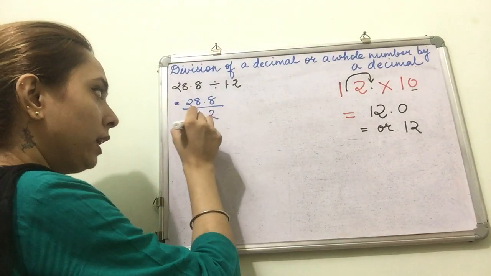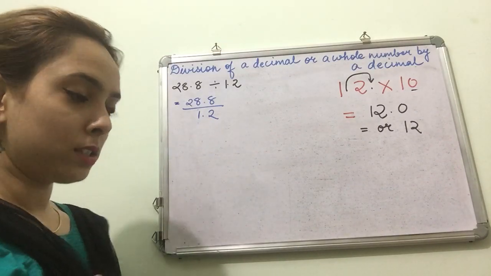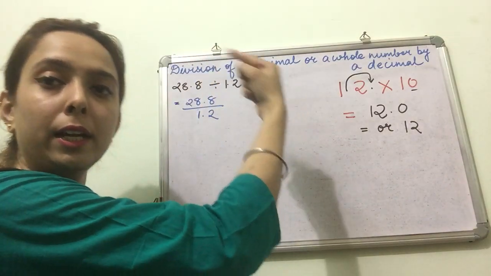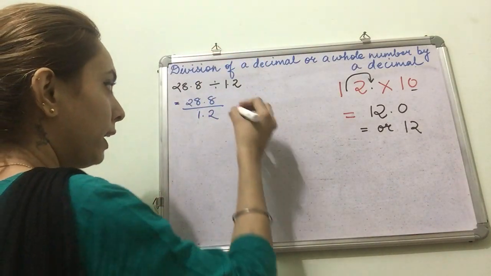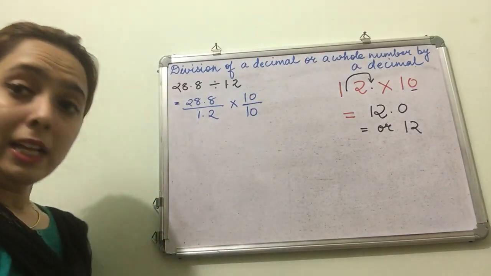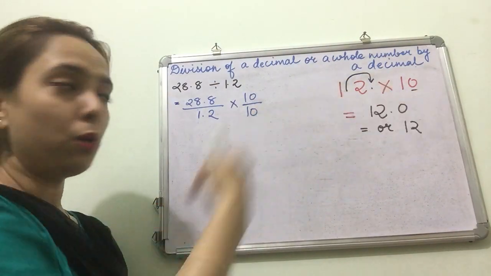Depending upon the divisor, here we have only one decimal place, so we will multiply numerator and denominator by 10. Then only we will be able to convert our divisor into a whole number.